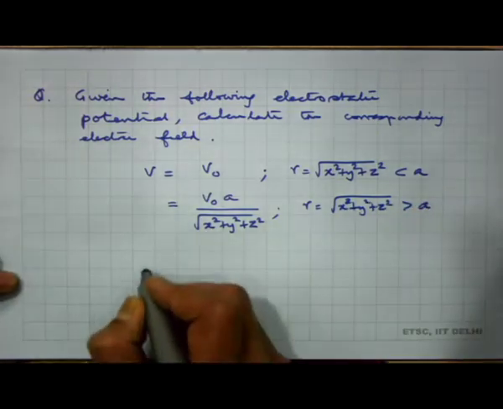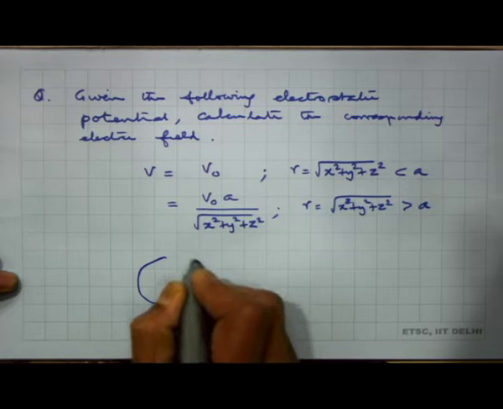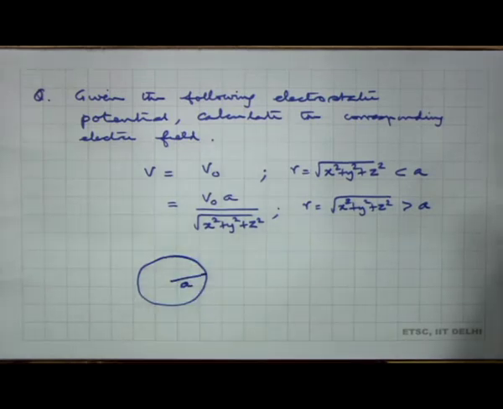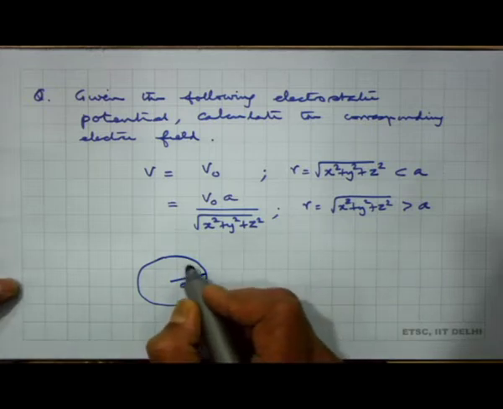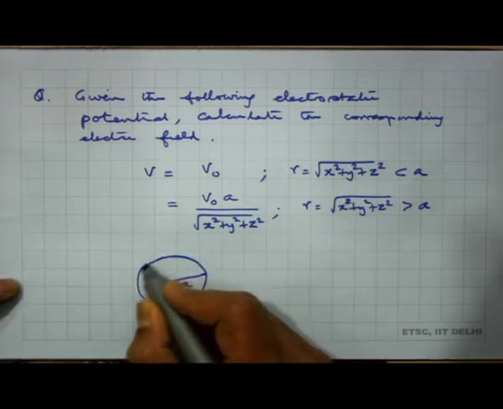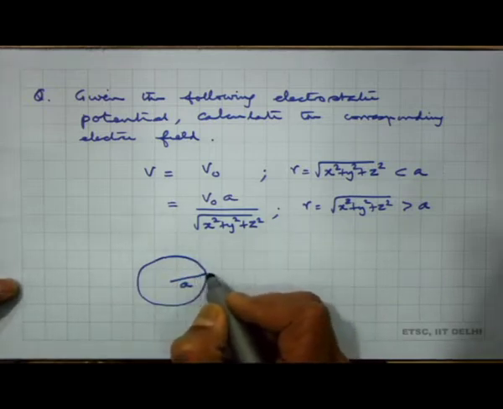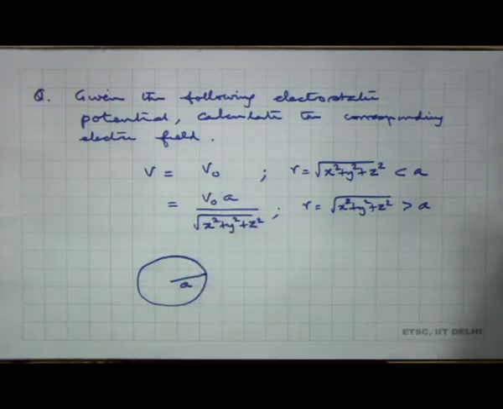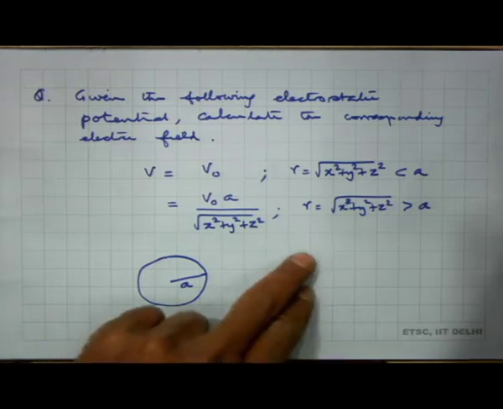So, what is given is a spherical distribution. The potential is V naught within this sphere of radius a, and outside, the potential decreases as 1 by r as you move away from the center. The question is, what is the corresponding electric field distribution? To solve this problem, we have derived the following equation during the course of lectures.